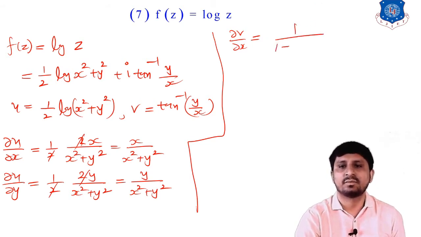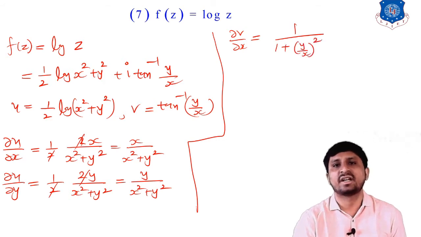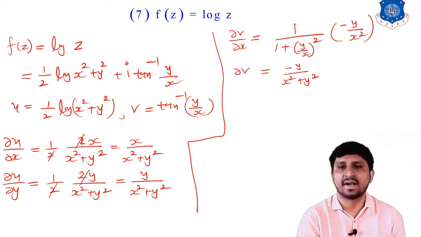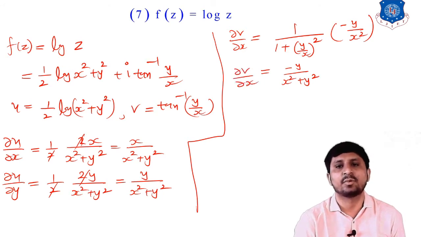So 1 upon 1 plus y by x whole square, and the differentiation of y by x with respect to x is minus y upon x square. So del v by del x can be written as minus y upon x square plus y square.